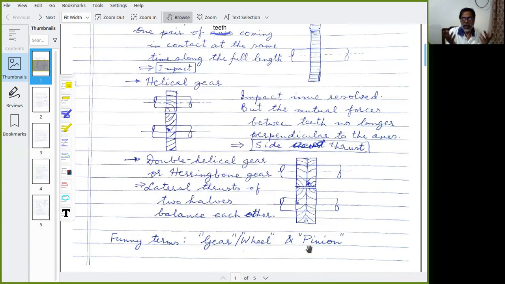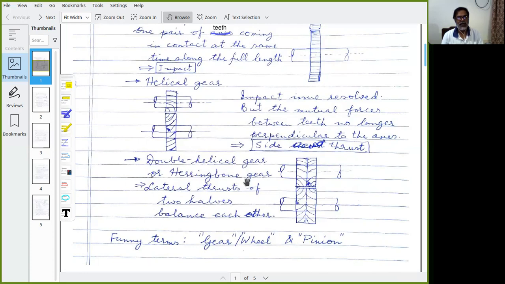Now, pinion is also a gear. When you say gear and pinion, then you mean the larger gear and the smaller gear. Or you can say wheel and pinion. That is larger gear and smaller gear. The smaller gear is often referred to as pinion, and the larger gear is called a gear, sometimes a wheel. Now these are sort of colloquial, but also used.